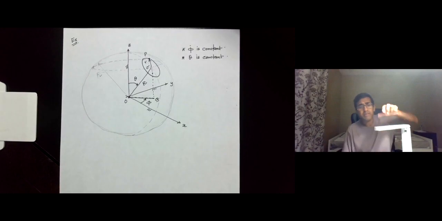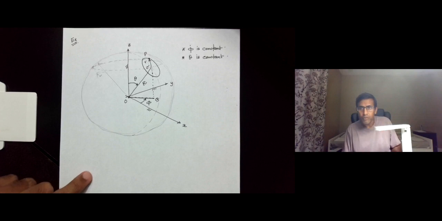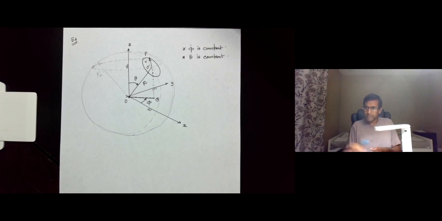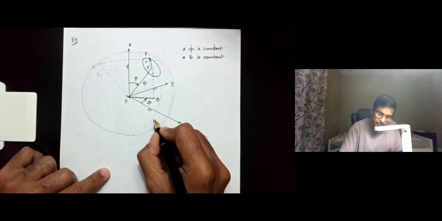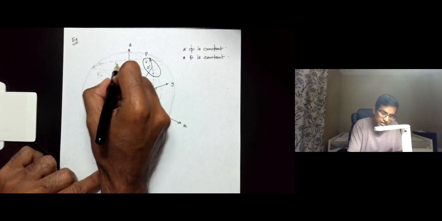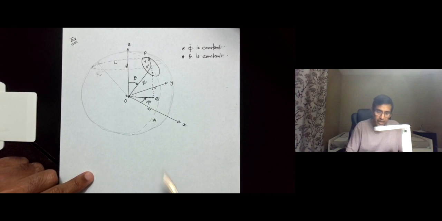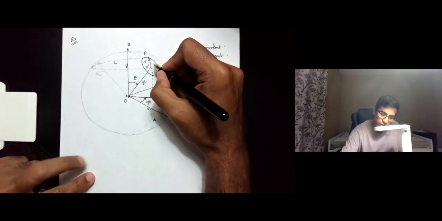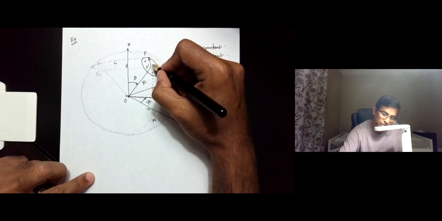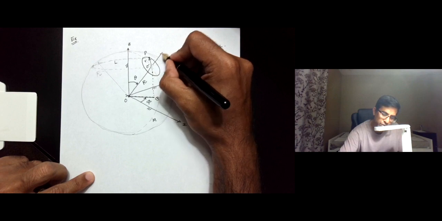Alright, so here this dashed line is the meridian, and here this dashed line, which is a horizontal circle, is the latitude, and the sphere is of radius capital R. So using this latitude, meridian, and the radial line from O to O prime, we have the unit vectors.